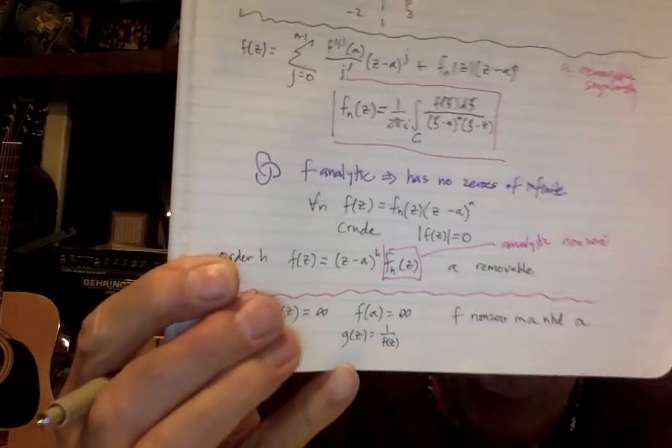Now, g is not defined at a, because f of a is infinity, but that's a removable singularity. And so that means that the function g extends to have a value at a, and in fact, that value is 0. So g is undefined at a, but it extends to a because it's a removable singularity. And g of a is in fact 0.